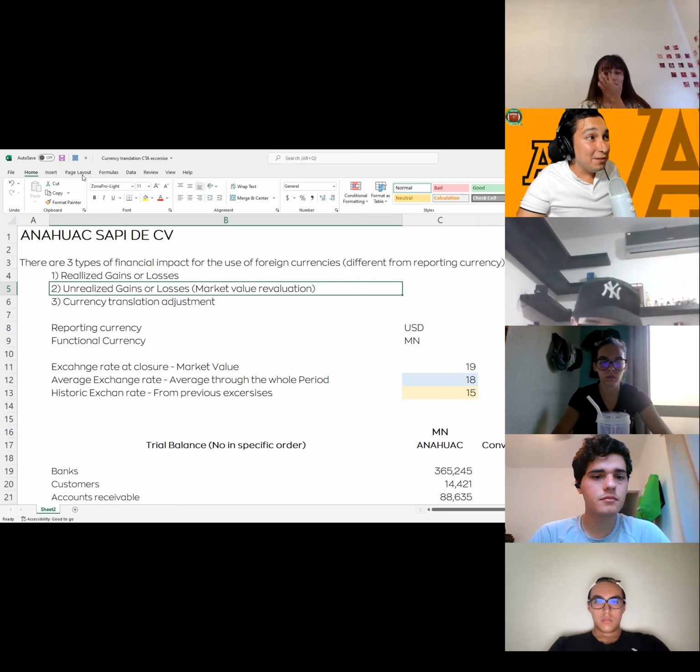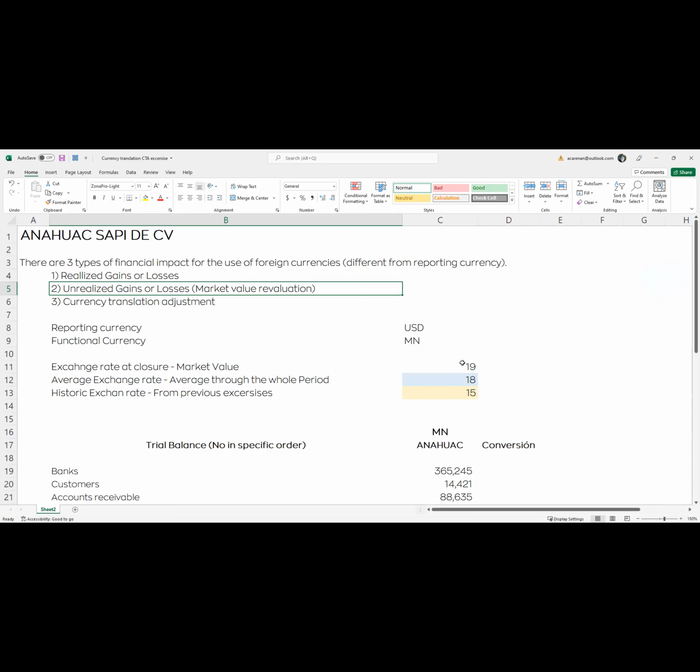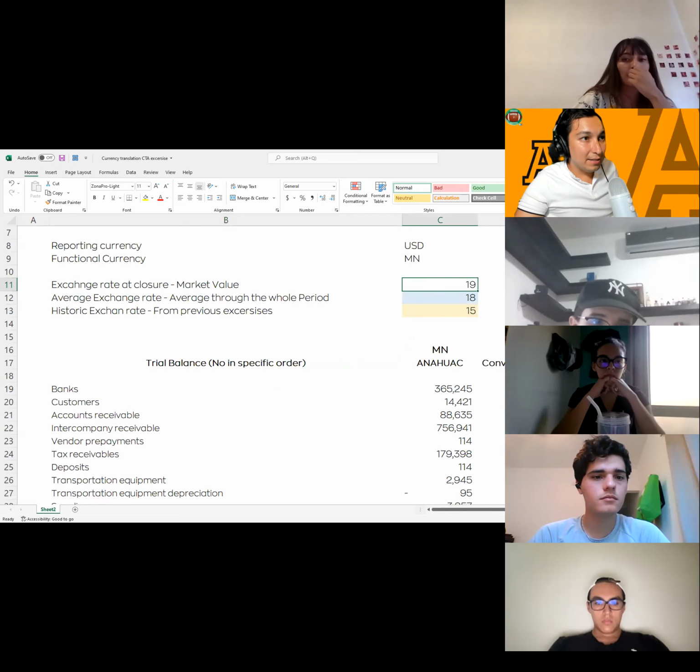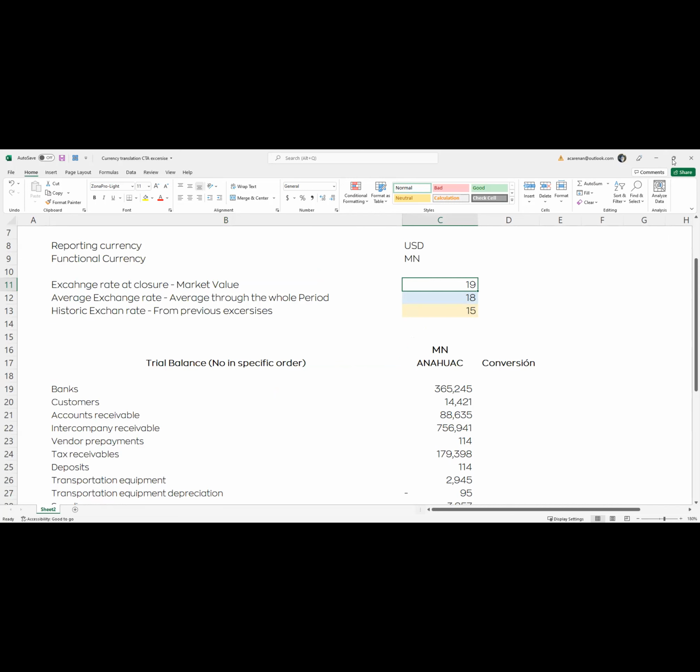You have the Excel in front of you. You will apply the exchange rate at closure, at market value, kind of what we were talking about with the unrealized gains or losses. You will apply this exchange rate to what are called monetary accounts.